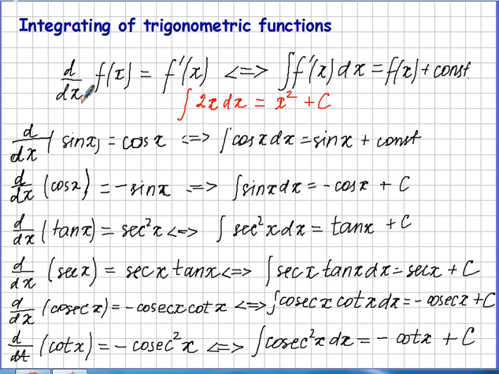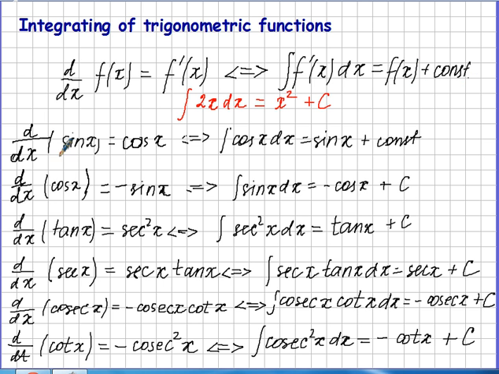In general, if a function f dash x is recognized as the derivative of a function f of x, then the integral of f dash x dx is going to be the function itself plus a constant.